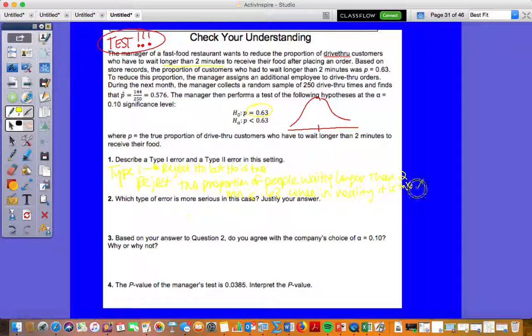Less than? Or no, it is true, meaning that the true one was that this was true. Does that make sense?